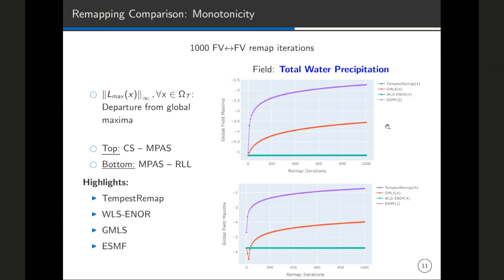So what I want to stress here is that the performance of these different remapping schemes also depends on the solution profile. It could be really property preserving for one field, but not necessarily for the other field. That's something to take into account.